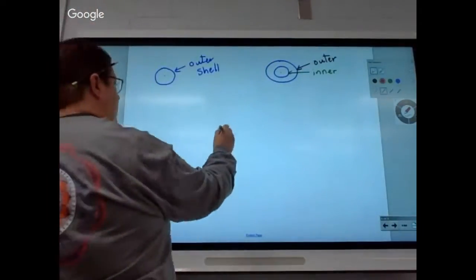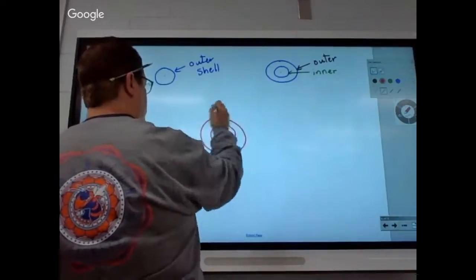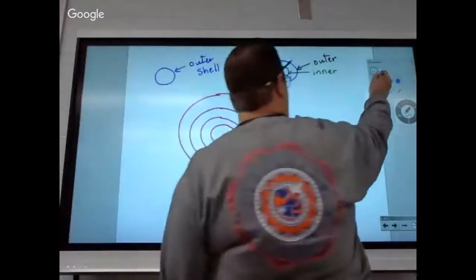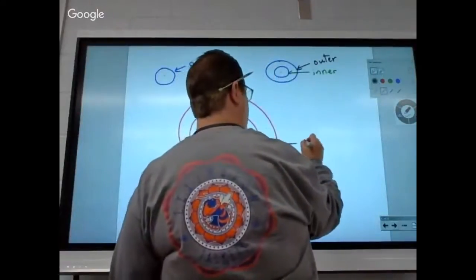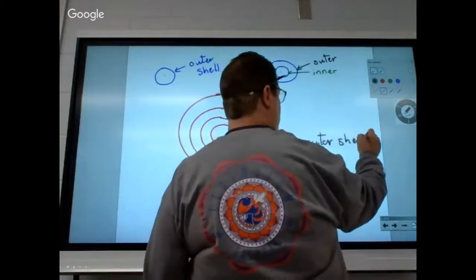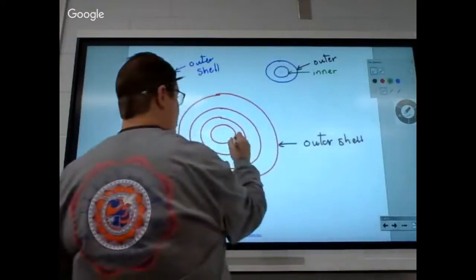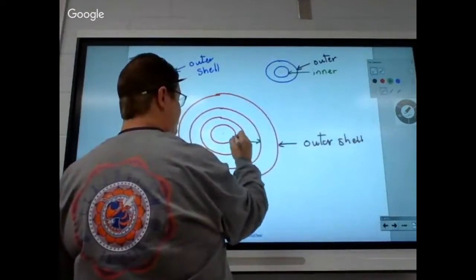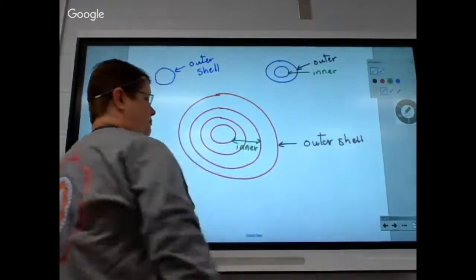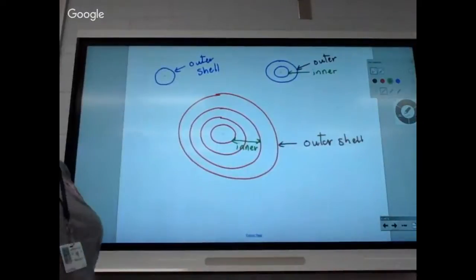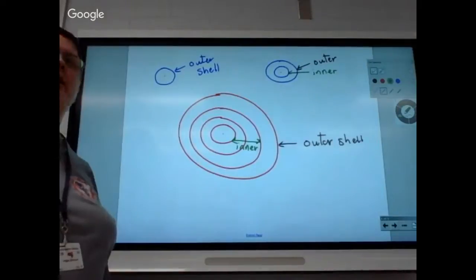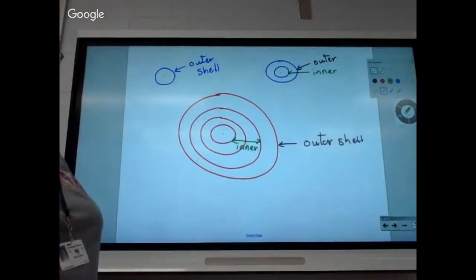You might have one that looks like this. This will be your outer shell. That means all three of these right here are your inner shells. So it depends on the size of the atom as to how many inner shells you have.